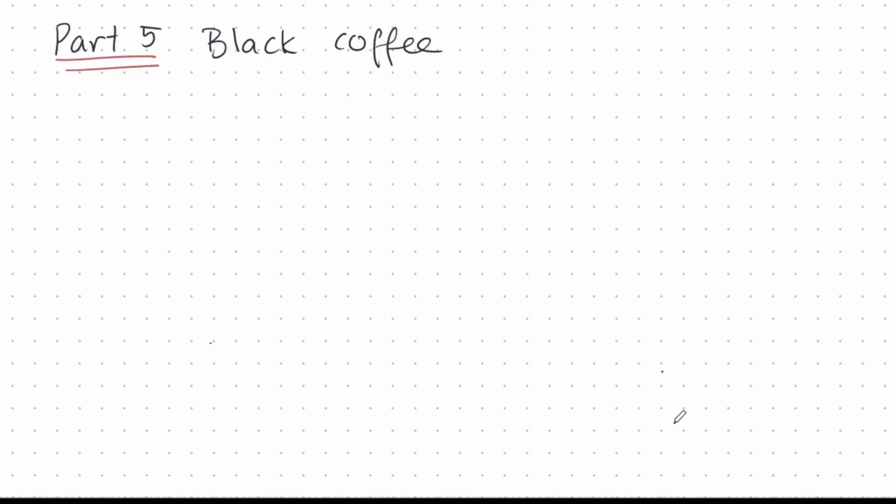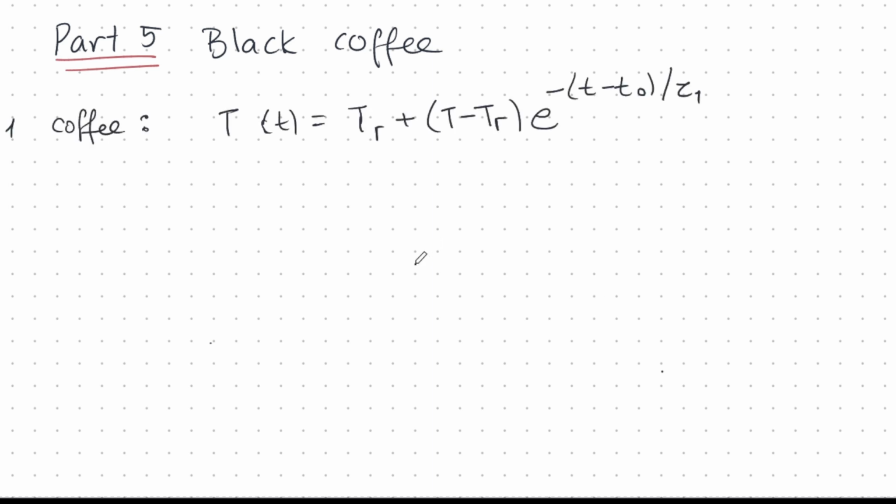Let's look at some results for just plain black coffee and plain cream. We're not going to mix them together. For coffee, it looks like that with some data. T0 is 90 degrees C, and tau 1, in the case of coffee, is C1 over HA1, and we know these things.